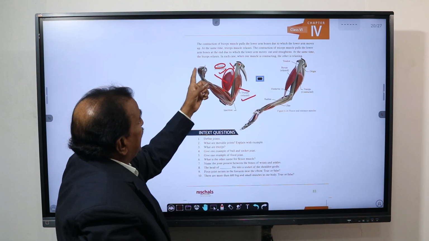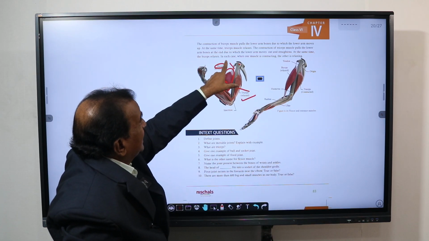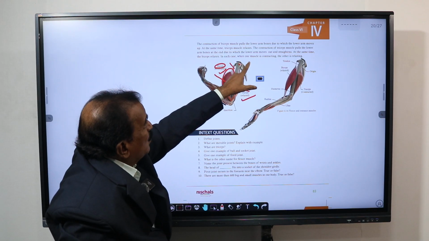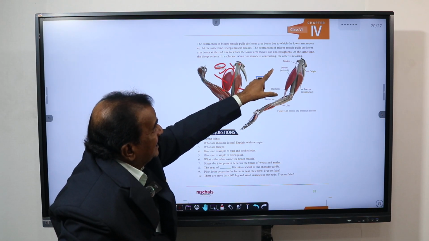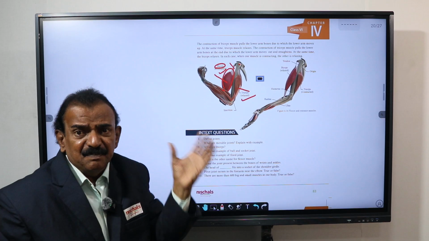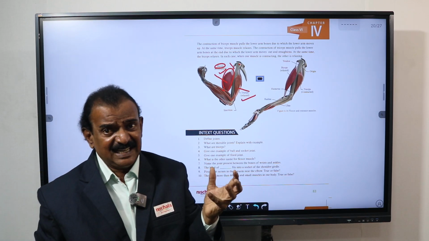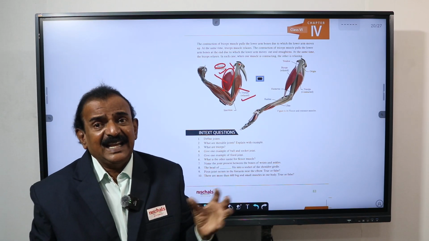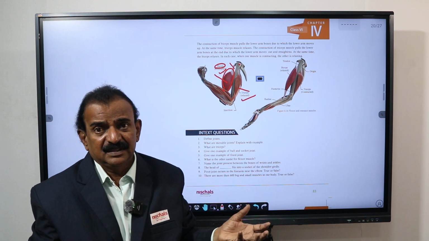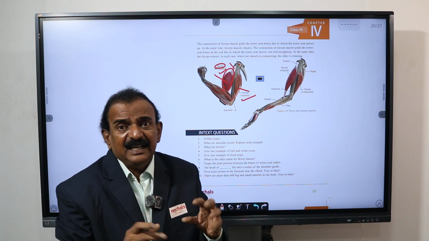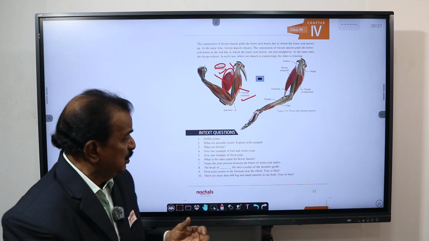At the same time, the biceps relaxes. In each case, when one muscle is contracting, the other is relaxing. So the biceps and triceps contract and relax. They are called antagonist muscles, and these muscles help the bones to move.